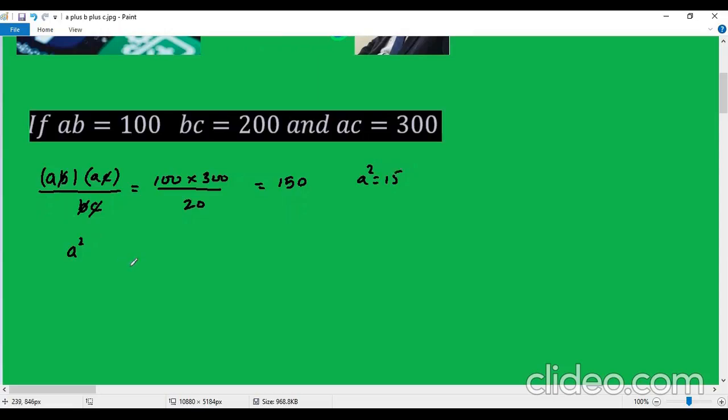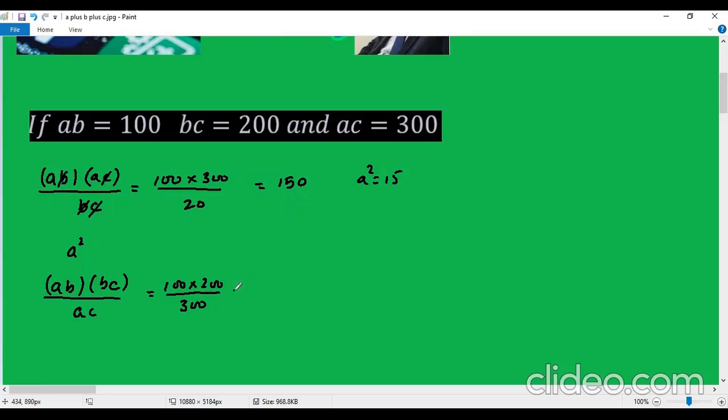Now coming to the second value, which is B square, how do we find it? First of all, we know the value of AB and BC divided by AC. So here we substitute the values: AB, which is 100, multiplied by 200 and divided by 300.